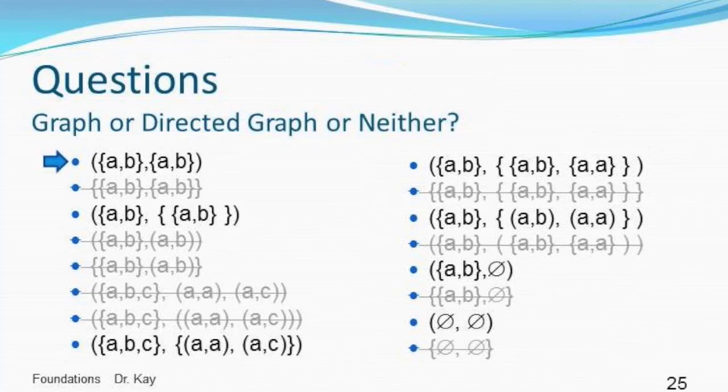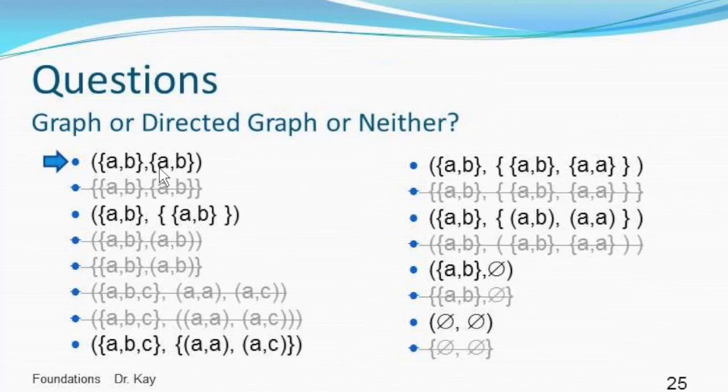So now let's just look through each of the remaining ones and say, is it a graph? Is it a directed graph? Is it both, or is it neither? If we look at this first one, we have a two-tuple, because there are two things inside of this tuple. The first thing's a set, the second thing's a set, so that's good. This could be the vertices. That looks good to me.